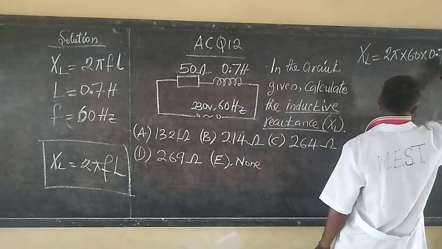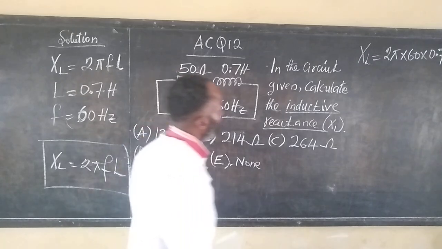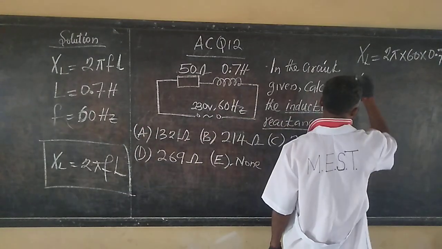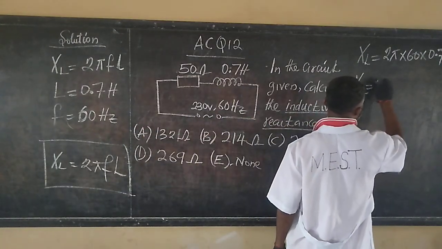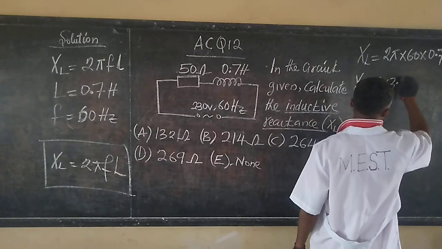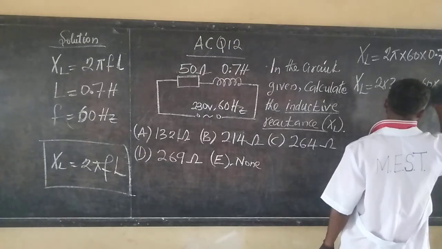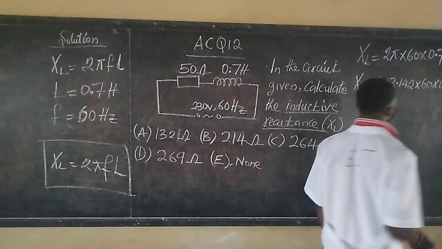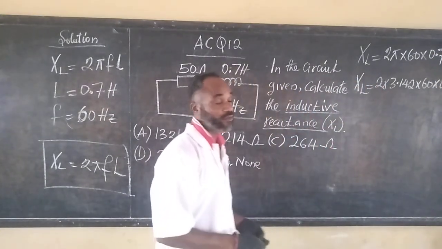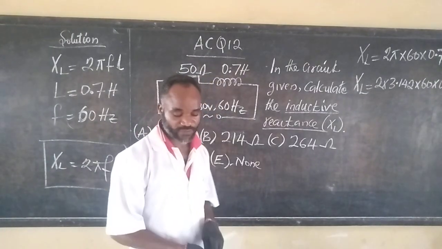We can take it again, and XL, the inductive reactance, is given as 2 times pi, which is 3.142, times 60 times 0.7. I hope this is clear, so that we don't have any part of the board cut off.